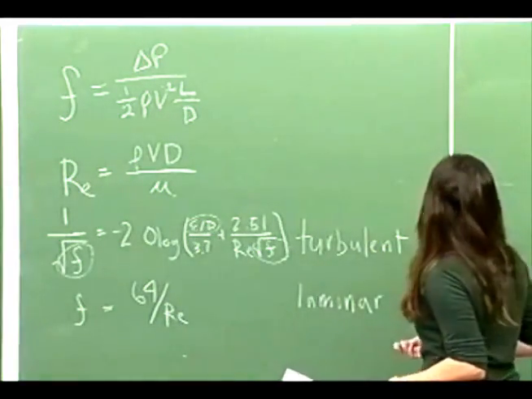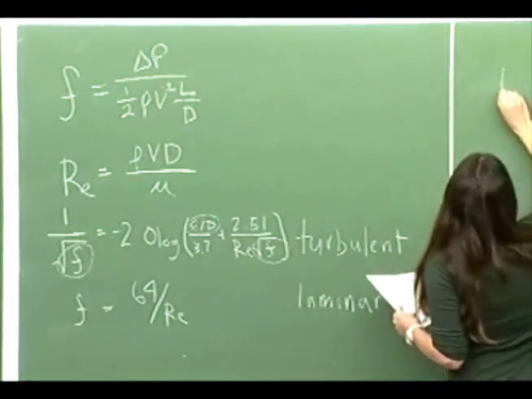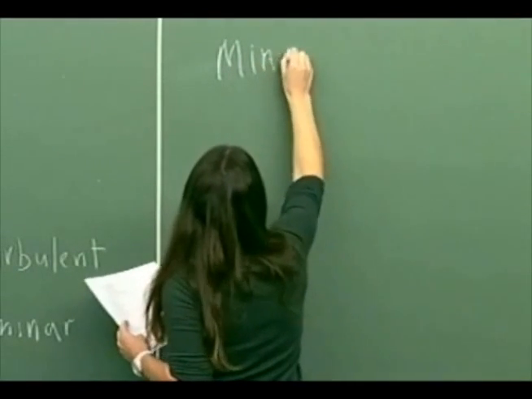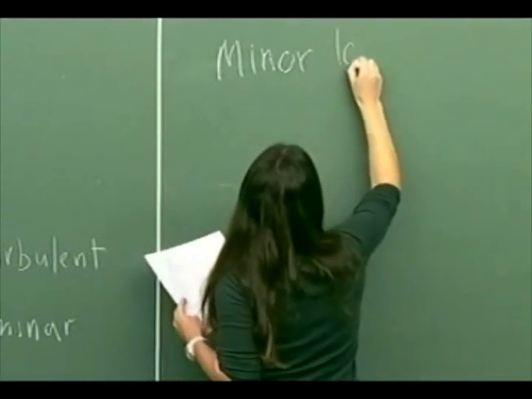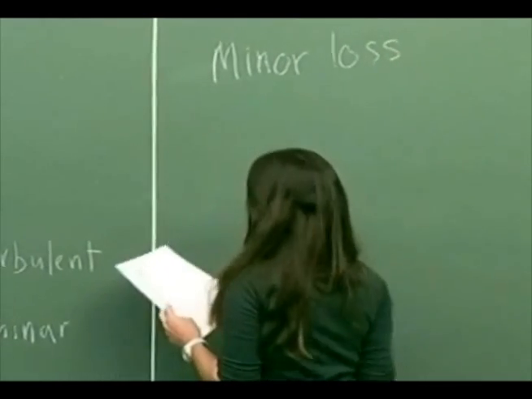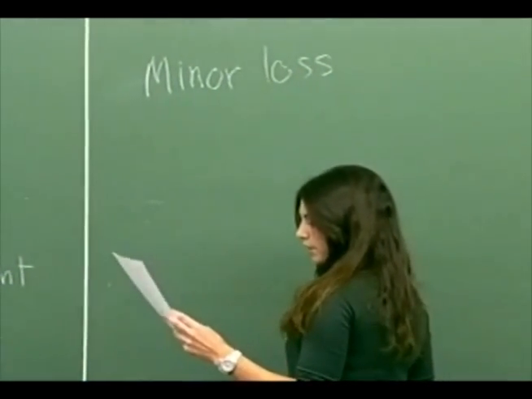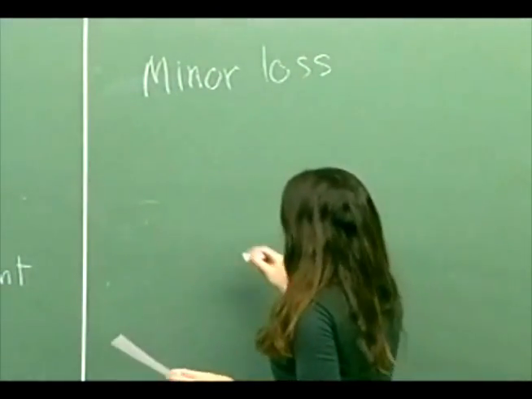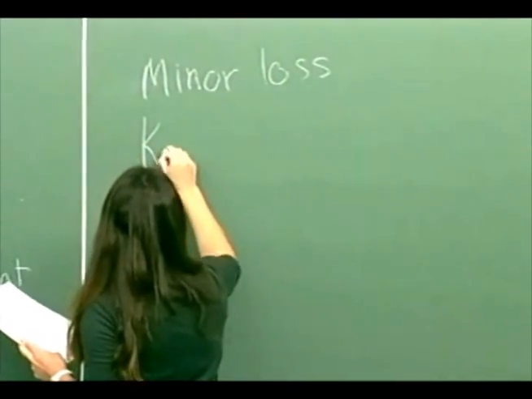For the minor losses, we'll be looking at a 90-degree elbow, and to calculate that loss coefficient, you use this expression.